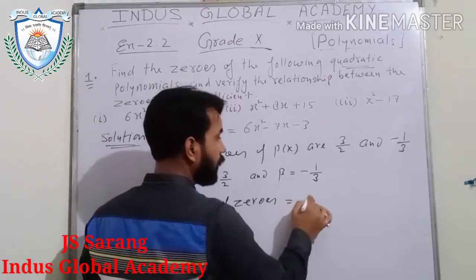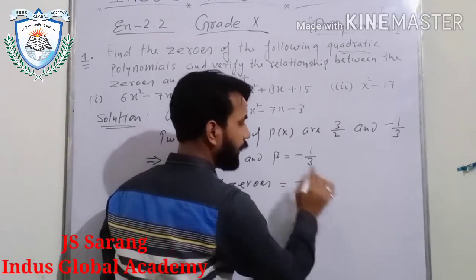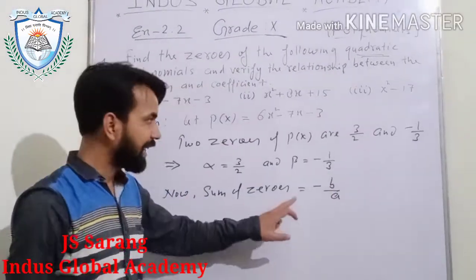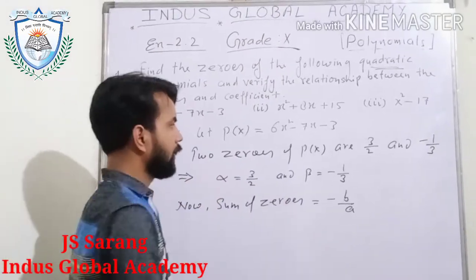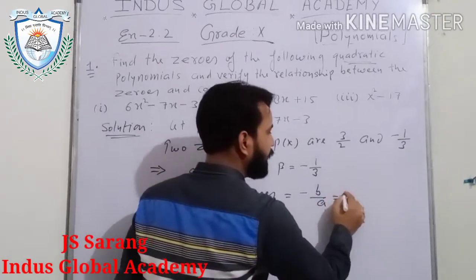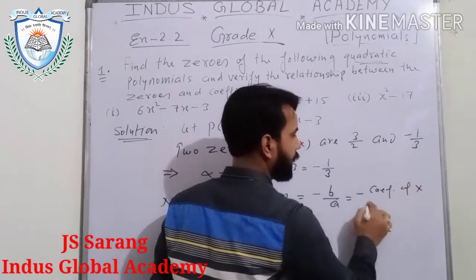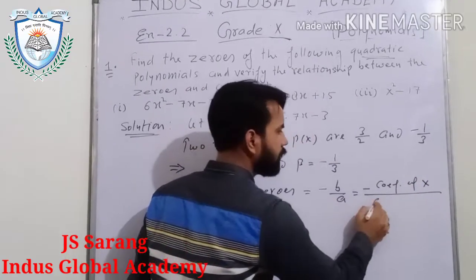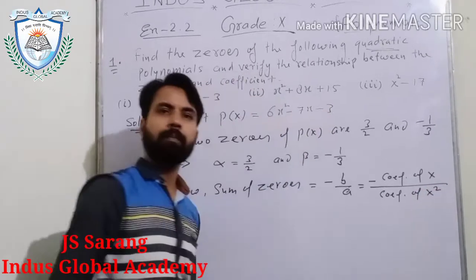There is a formula that is minus b upon a. I explained this formula in the previous video. Have you remembered? Okay. So minus b upon a. Here minus b is the coefficient of x, and a is the coefficient of x square.